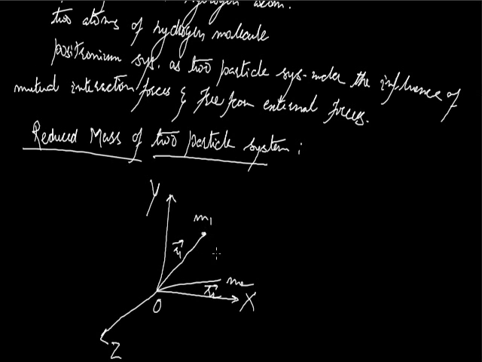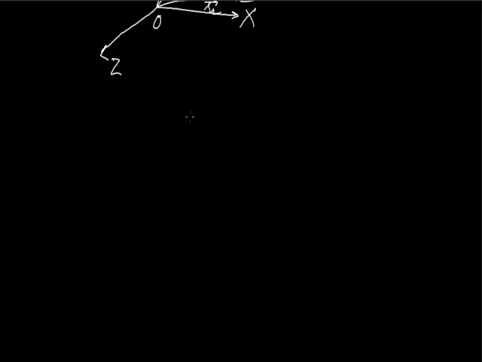They apply forces on each other. The above figure shows the two particle system of masses M1 and M2. Their position vectors related to origin O are R1 and R2 respectively. Suppose only mutual interaction forces are acting between the particles.